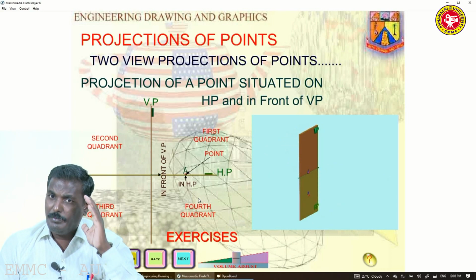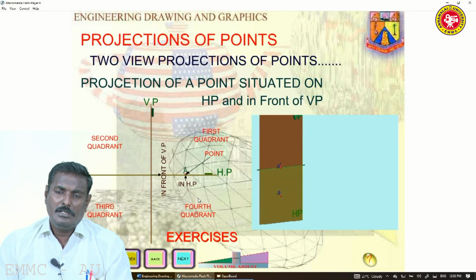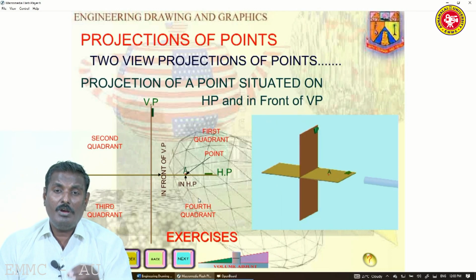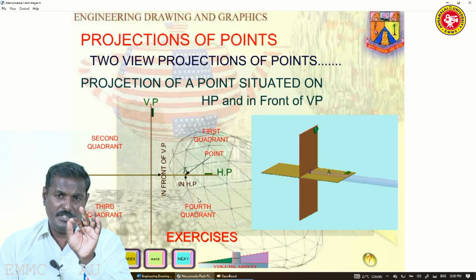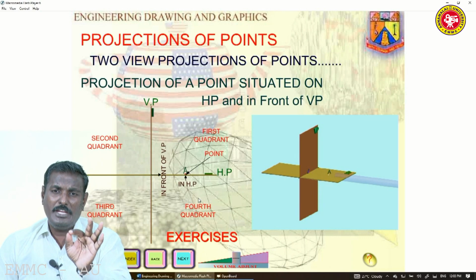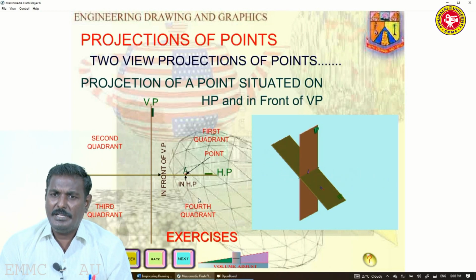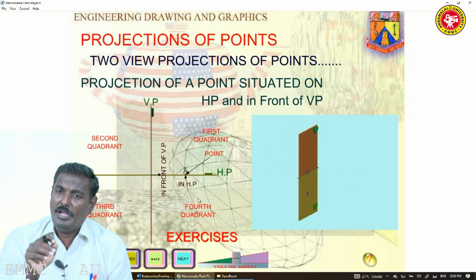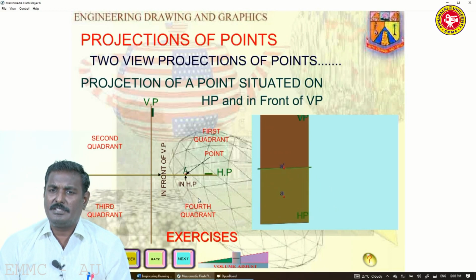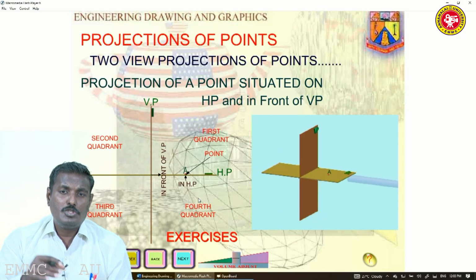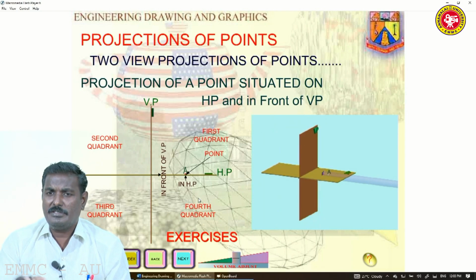We have to remember in our mind the words "in the" or "on the" HP: if they come, you must represent the elevation positioned exactly on the reference line. Here A dash represents a point on the XY line, and the plan view is apart, that is, in front of it.